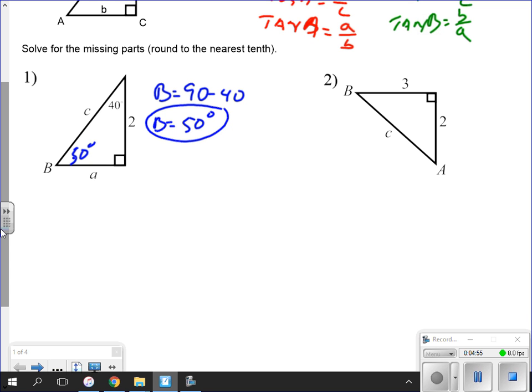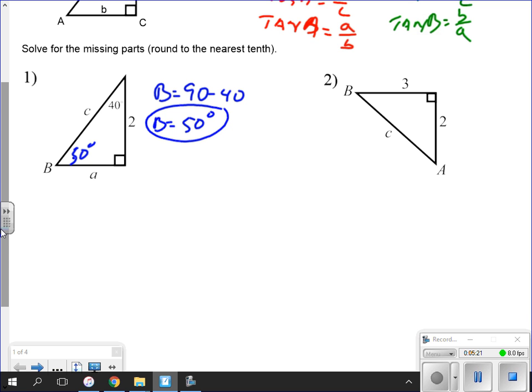I always prefer to use given information rather than found information. Doesn't matter much with the angles here because they're simple angles. One of them's given, the other one's just 90 minus that. It's straightforward. If I had used trig to find the angles, I wouldn't necessarily want to do that. But to find the sides, I like to use given information. That's my preference.